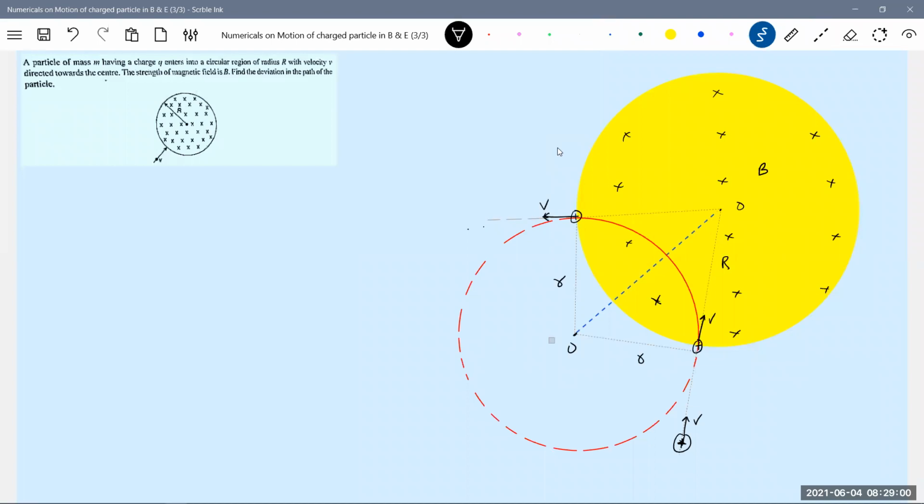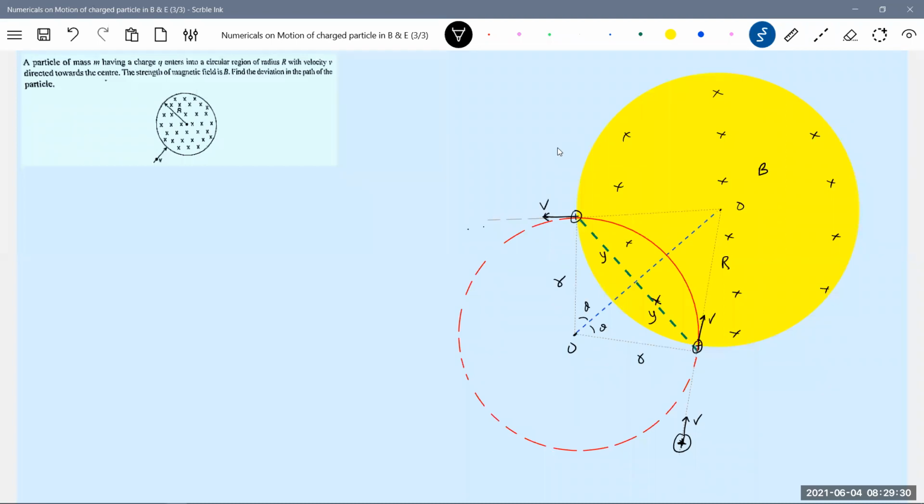So there's a deviation, theta. Hope everyone is able to get into the thing. So let me define a few terms. Let me call this length Y, this length Y.